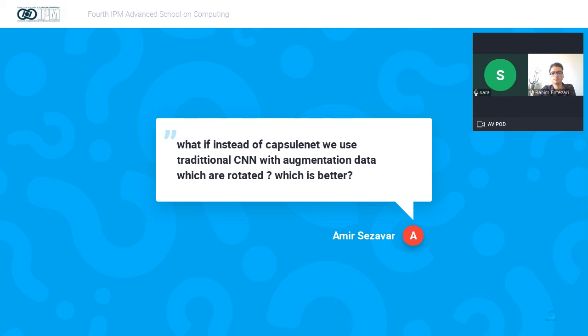So your question is similar, but to say, the relation that capsule networks have with CNNs is exactly what CNNs have with fully connected networks. Ideally, you can have a fully connected network and augment the data by translating the image all over the place and train it a lot more.